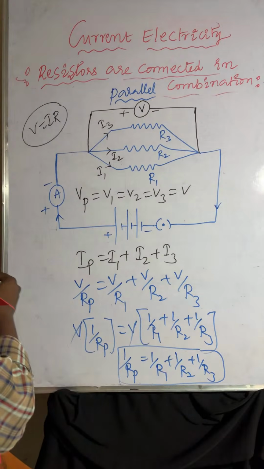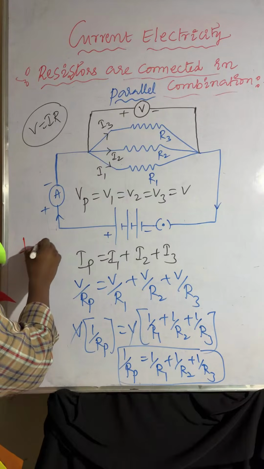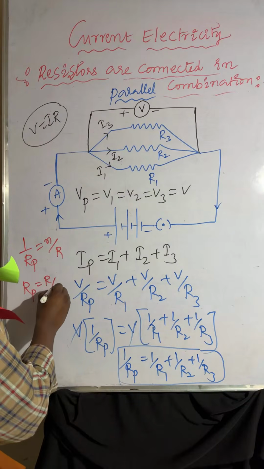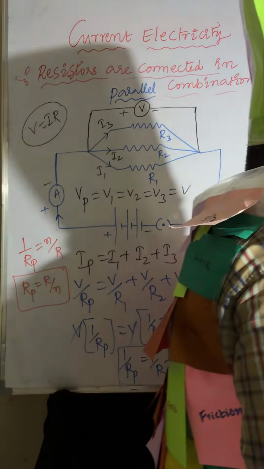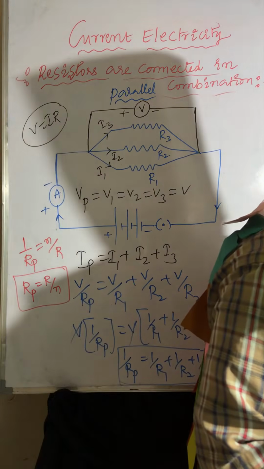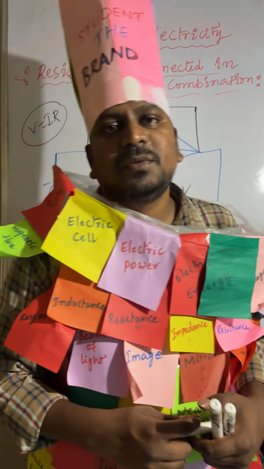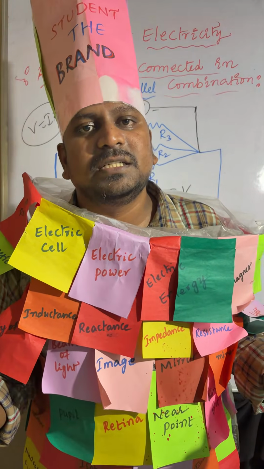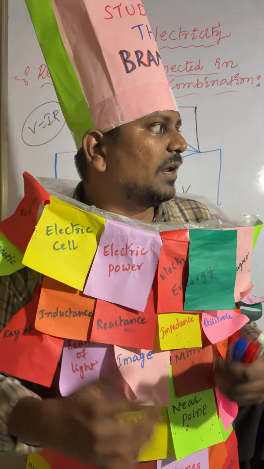If n number of resistors are connected in parallel combination, 1 by Rp equal to n by R, so Rp equal to R by n.